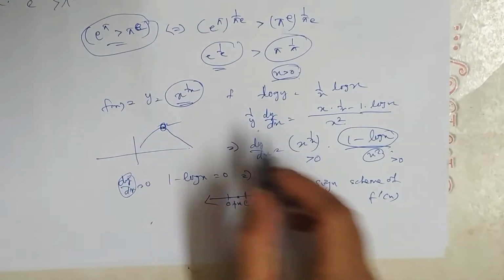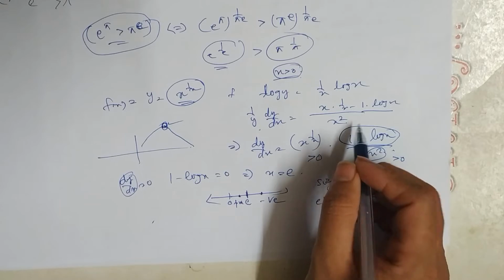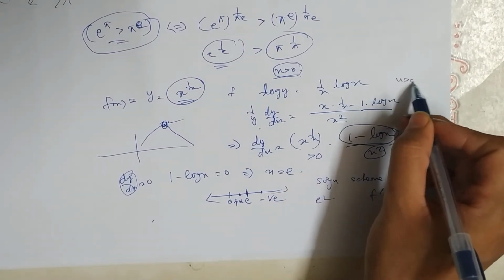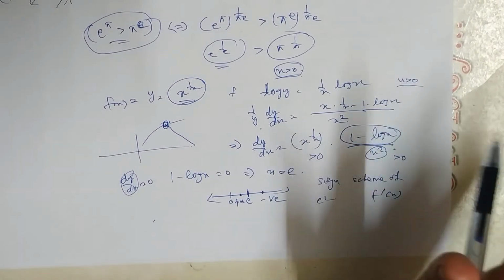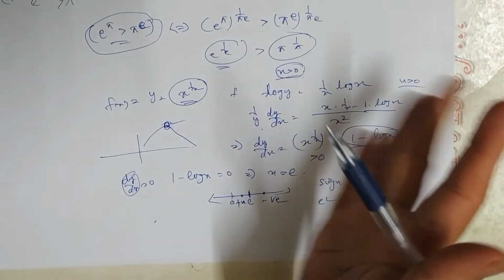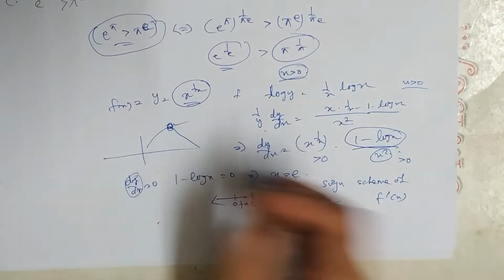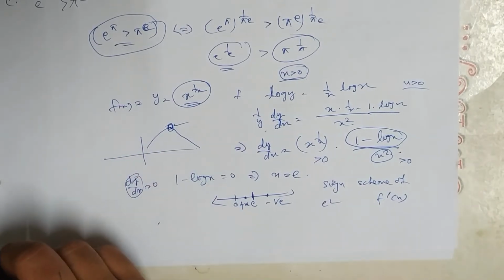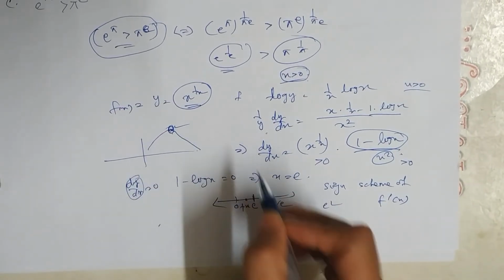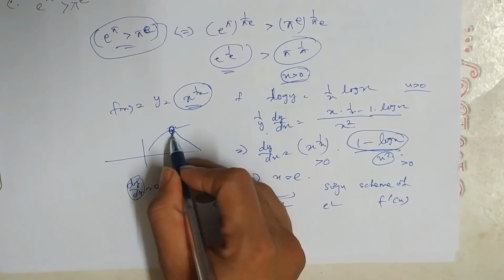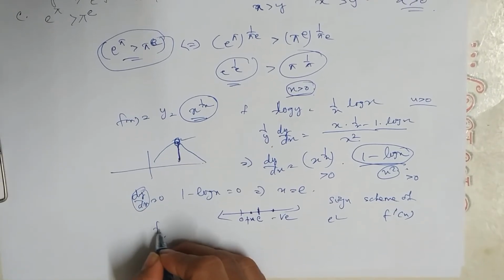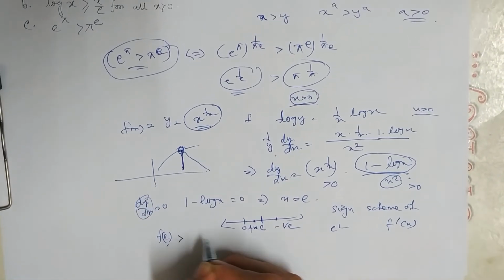Now x to the 1 by x for x positive is a continuously differentiable function, so we don't need to worry about differentiability and all those things. At e it attains a maximum.